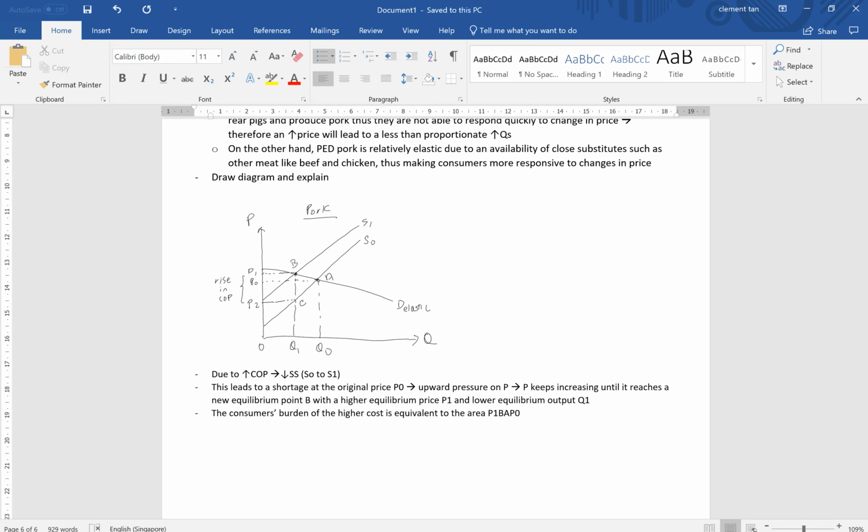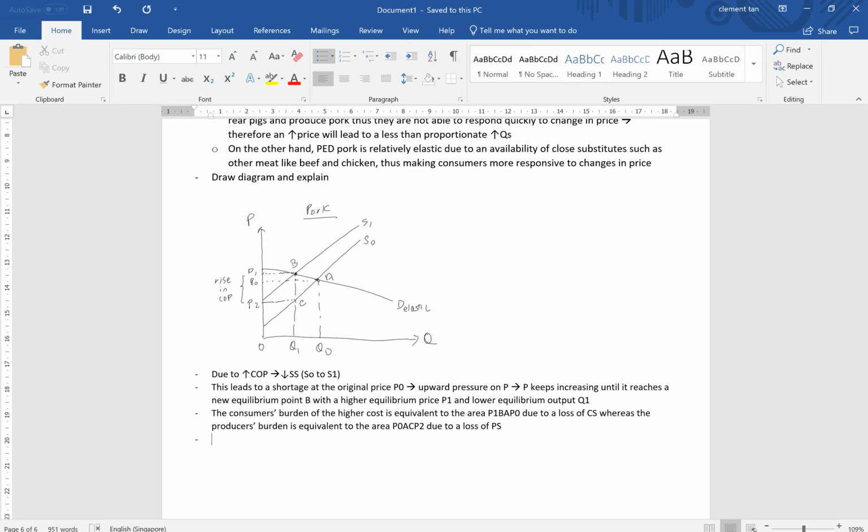Due to a loss of consumer surplus, just need to say that. Whereas the producer's burden is equivalent to the shaded area, the area P0 A C P2, due to a loss of producer surplus.